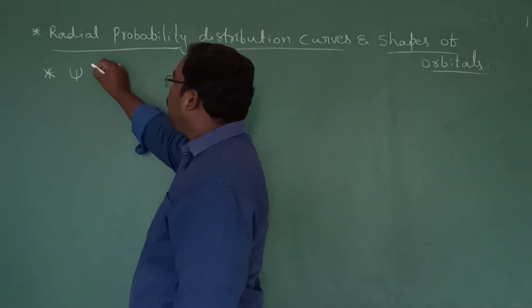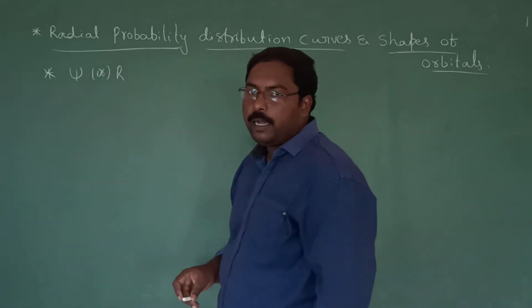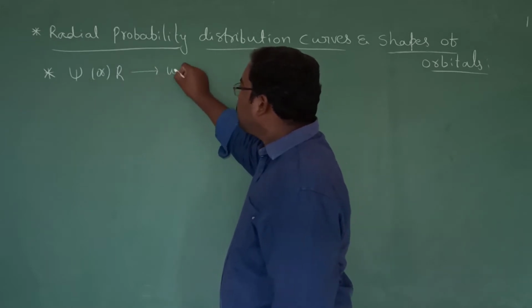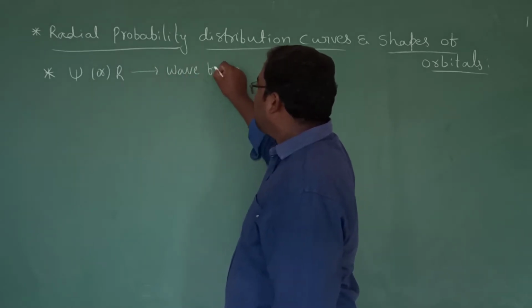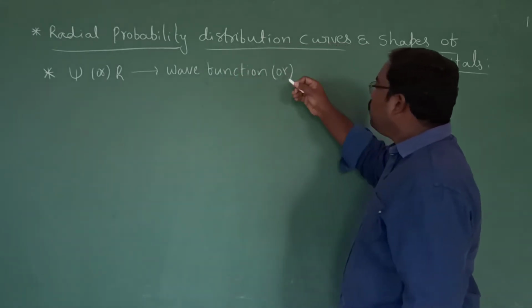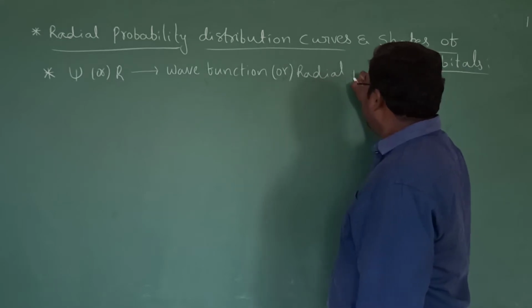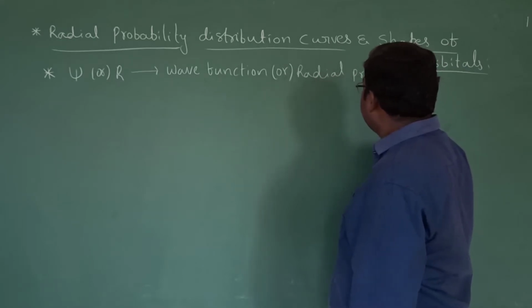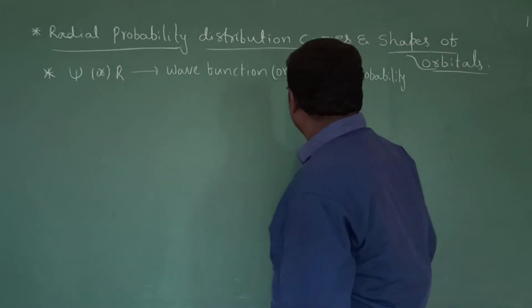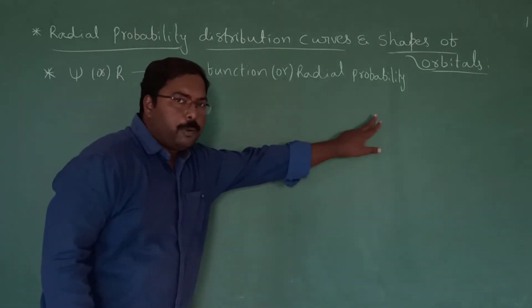Here psi, or we use a capital R, generally we know it represents the wave function, or it is also known as radial probability.